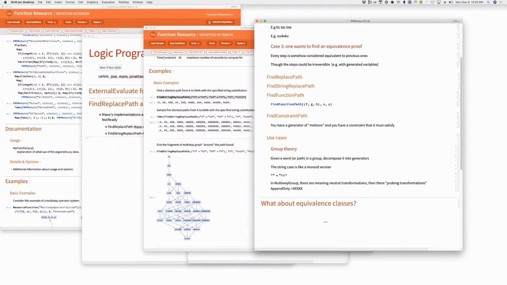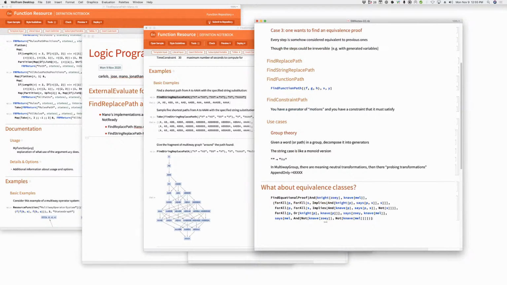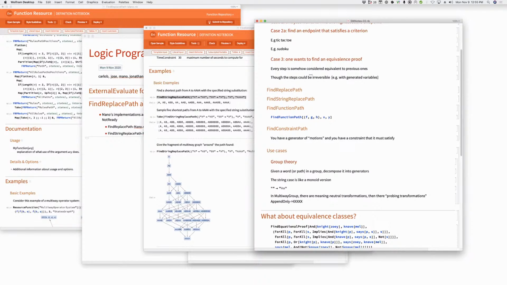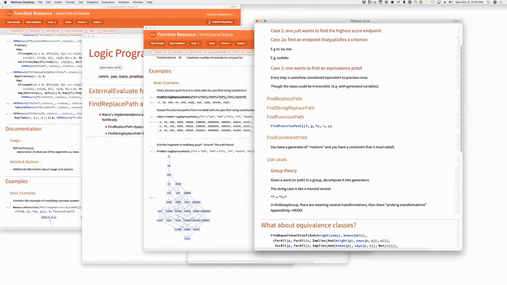Well, if you think about Sudoku, it's usually on the end result, like whether or not it's valid. Okay, but that's a different case. That's a case we've already talked about here, which is the endpoint satisfies a criterion. Yeah, but not just the endpoint. Every time you add a number, the board has to stay valid. Then that's what this is. Yeah, that's what I was saying. You have a constraint it must satisfy at every step.